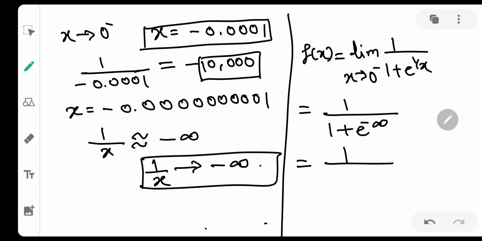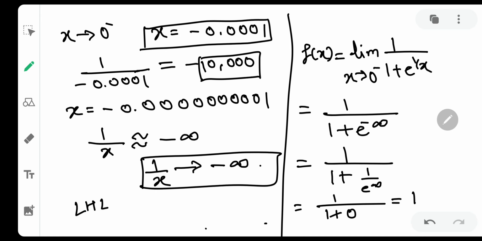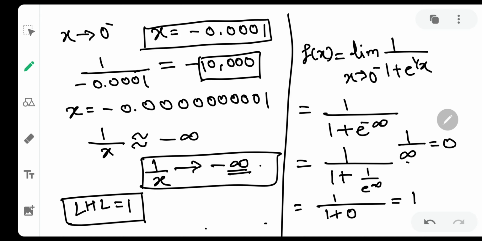So our LHL will be 1 upon 1 plus 1 upon e raised to infinity, which is nothing but 1 upon 1 plus 0, which will be equal to 1. Hence our LHL value is equal to 1. How did we get it as 1? Because 1 upon x was minus infinity. So e raised to minus infinity is nothing but 1 upon e raised to infinity. But 1 upon e raised to infinity is 1 upon infinity, and 1 upon infinity is nothing but 0. Hence the LHL is 1.